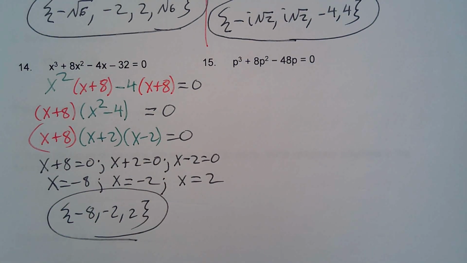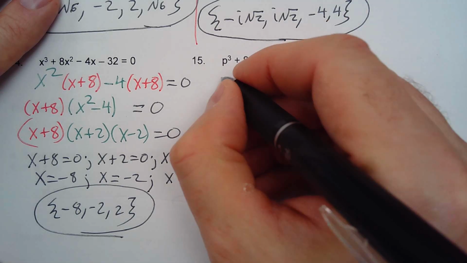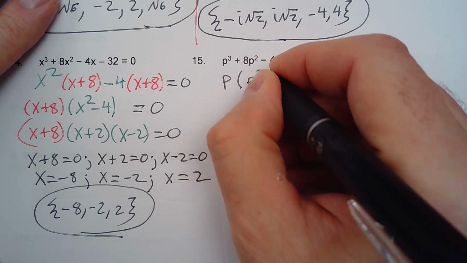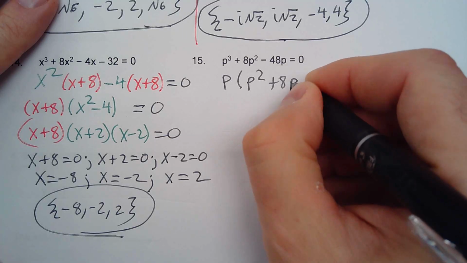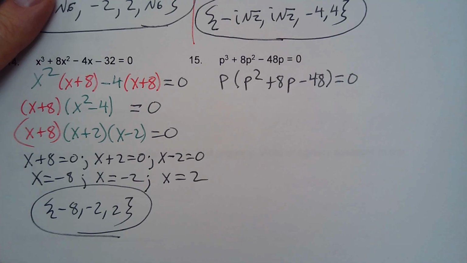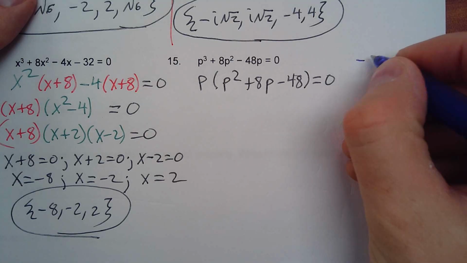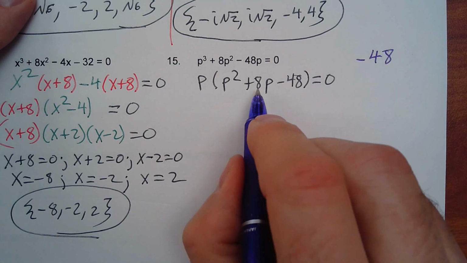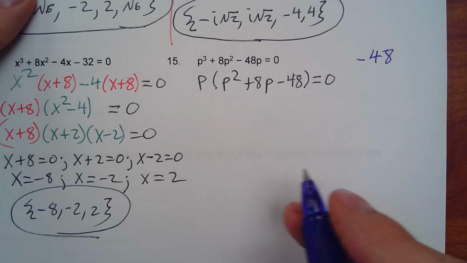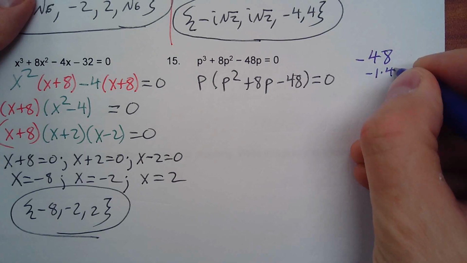So for this 15 here, they have a common factor of p, so let's first factor that out. So then negative 48, we're going to have to be careful on because it's negative. One factor has to be negative, one has to be positive, and the 8 is positive, so the higher factor has to be positive. So negative 1 and 48 doesn't work.